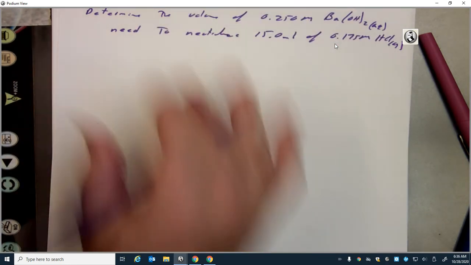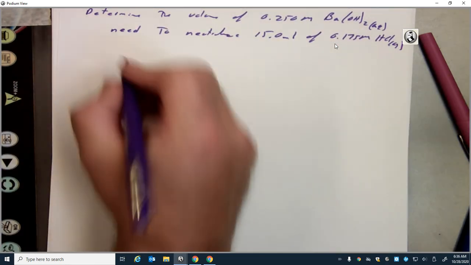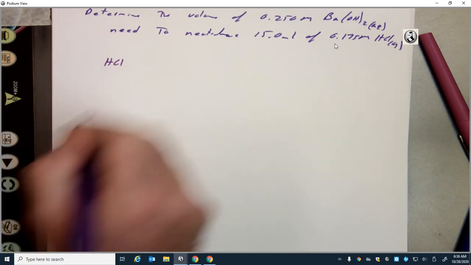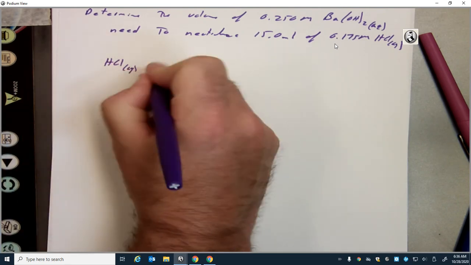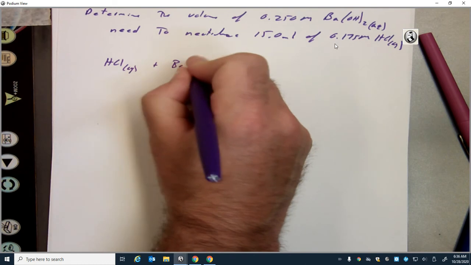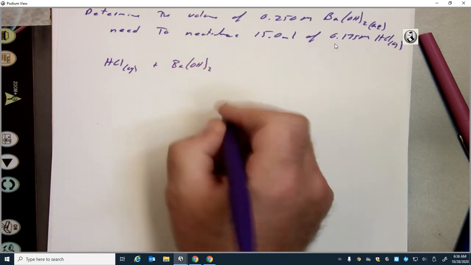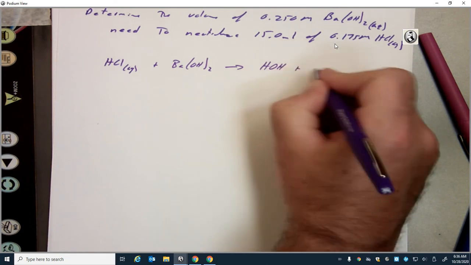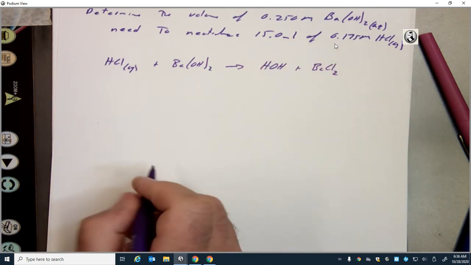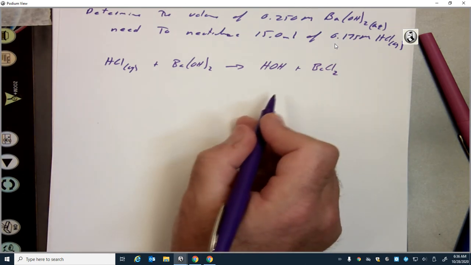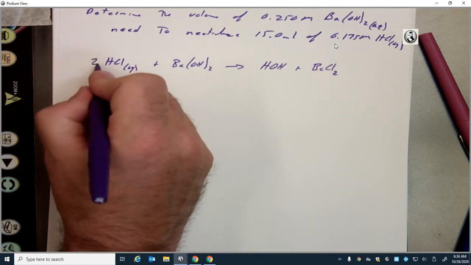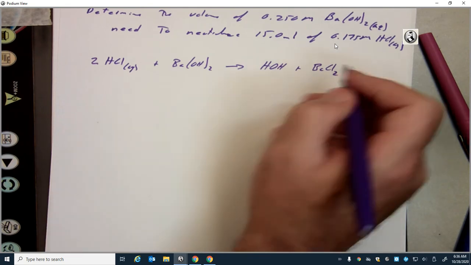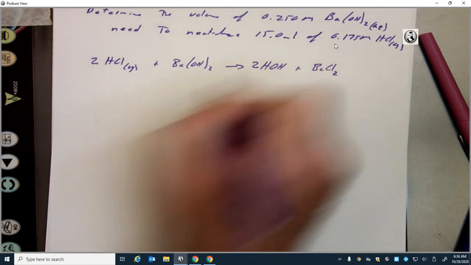Now let's look at this equation first of all, because it's a little bit different. HCl plus Ba(OH)2 still goes to HOH and BaCl2. But when I balance this, I need a 2 here and I need a 2 here.